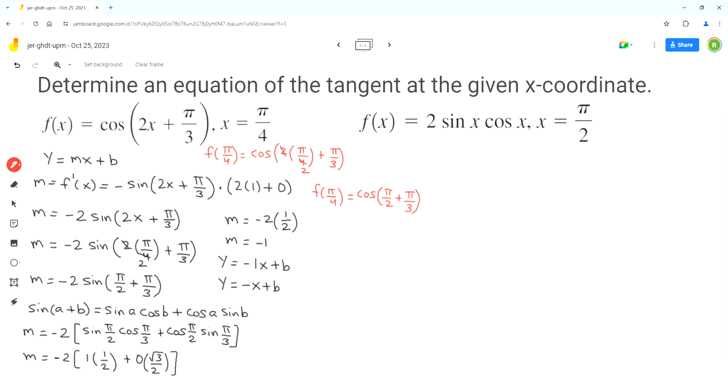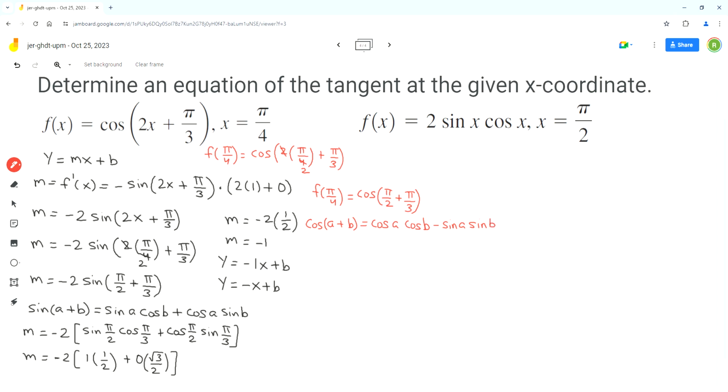And the identity for cosine is... so this is the identity we'll use.